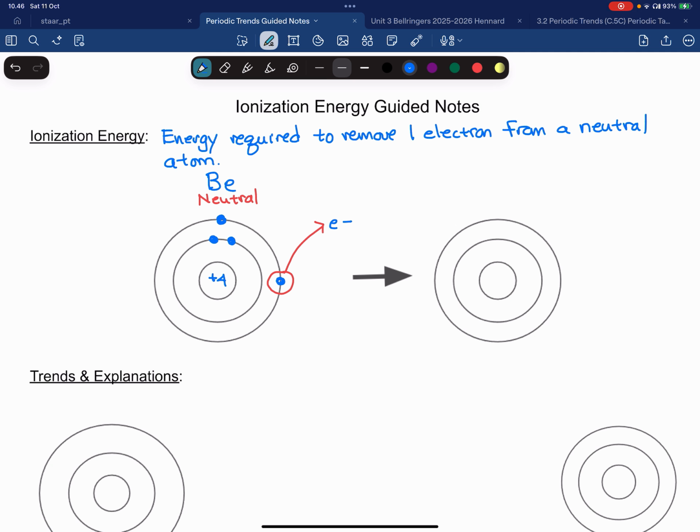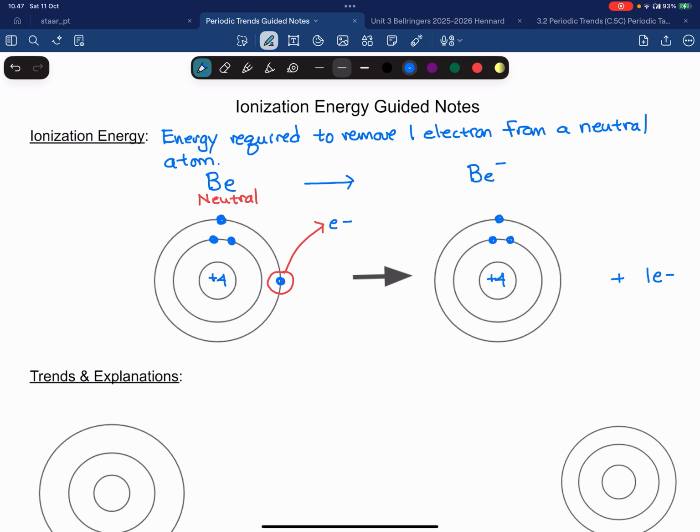Well, what happens then is now beryllium has lost an electron. It still has the same positive 4 in the nucleus, but now it only has 3 electrons there. And 1 electron has been lost. So now beryllium is not neutral.